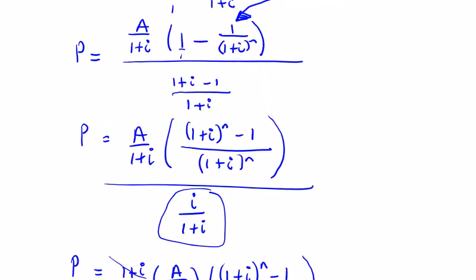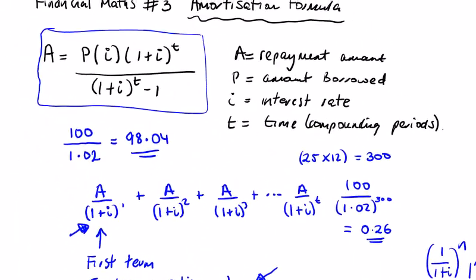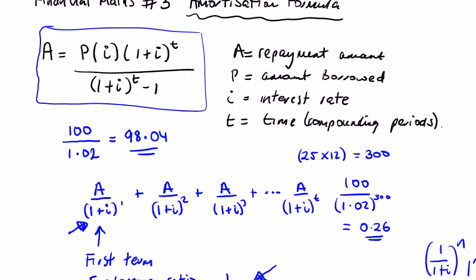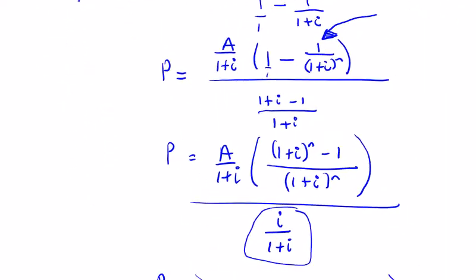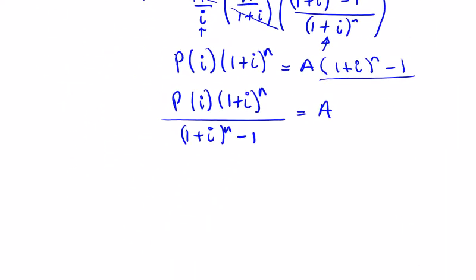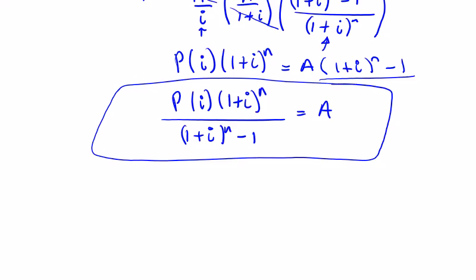P times I times 1 plus I to the power of n. But you know it's going to be right. P times I times 1 plus I to the power of t, we used n here, over 1 plus I to the power of t minus 1. So at this point, you could say n is equal to t, therefore, and change your n to t's, but this is the proof of the amortization formula. So practice this a few times before going on to do some questions that relate to mortgage payments.